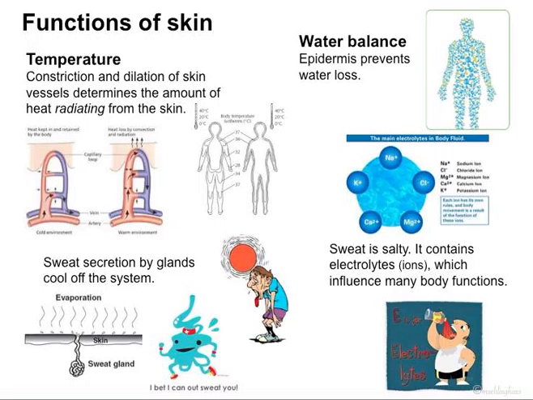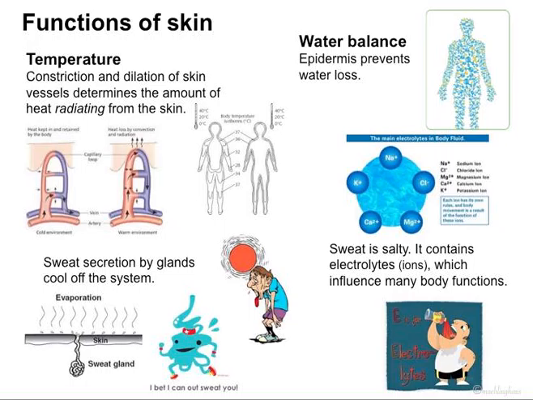If it's cold, we constrict those vessels and preserve the warmth inside the body so we don't radiate off heat. The other way with temperature is when we're sweating. And sweating is the way for us to cool off, because the water that holds warmth will be pushed to the surface of the skin and it will be radiating off that way, evaporating off.